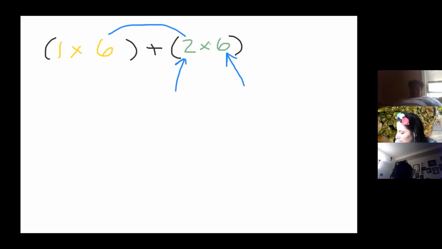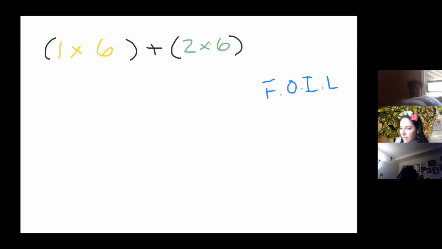Yeah, but I want the arrow to go to the 6 and the other 6. Oh, Morgan, I think I know what you're doing. Is it something like this? Like first, outside, inside, last? Yes. Oh, good. But I'm going to stop you. That is the distributive.